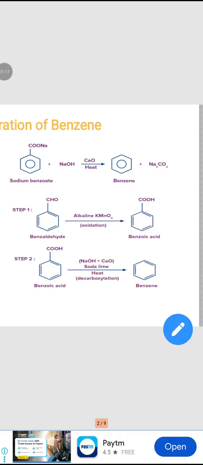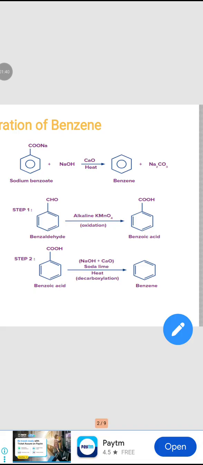Then the second preparation is from benzaldehyde. The formula of benzaldehyde is C6H5CHO. Benzaldehyde is oxidized with alkaline KMnO4, potassium permanganate, to form benzoic acid, C6H5COOH.